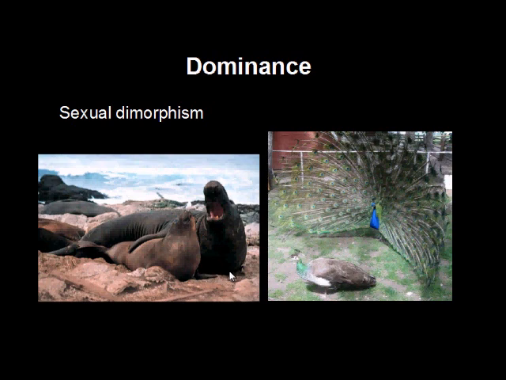And this is a big deal because where your territory is determines how many females you get to mate with, if you get to mate at all. So this bigger size is advantageous to them in their fights. And here you have another example of major sexual dimorphism. Here's this lovely peahen. Yeah, okay, whatever, but whoa, there's the peacock.